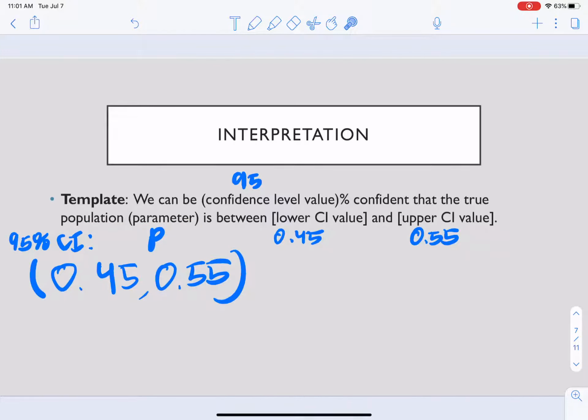If we did it 100 times, 95 of the times, the thing that we're measuring will be between these 2 values. And the other 5 times, it will maybe be outside.